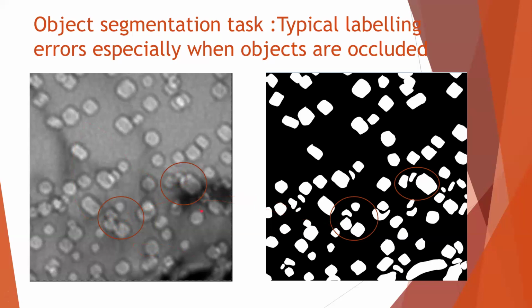Even humans, if any one of you who is not a domain expert is given this image, you will just paint it like this. But a domain expert like me will simply say, no, these are the 3 cavities which are overlapping on each other. So here are 4 cavities which are overlapping on each other.